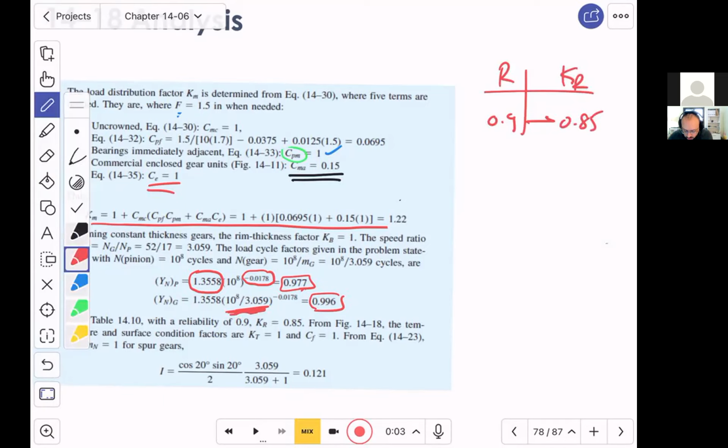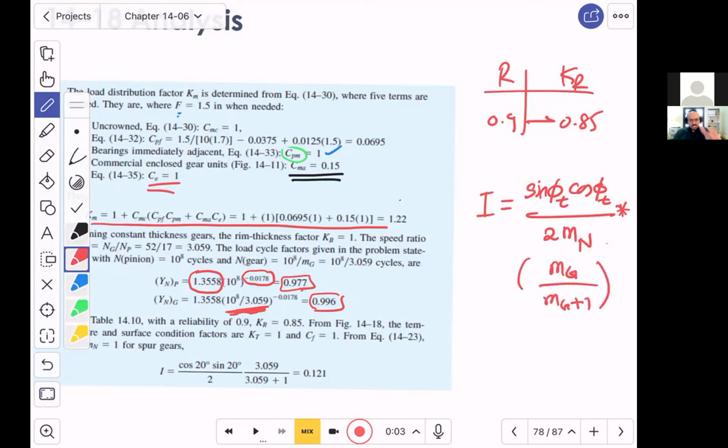The next one is I. I is equal to sine phi t cosine phi t divided by twice mN, all of this multiplied by mg divided by mg plus 1. mg is the gear ratio, which is the same as 3.059. That's very easy. Phi here is the pressure angle, so it is 20 degrees for spur gear, right?